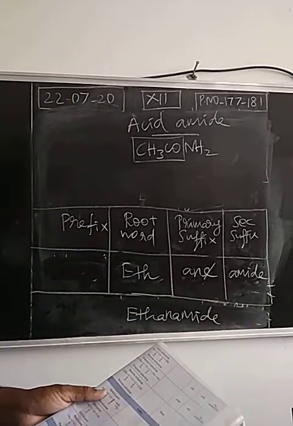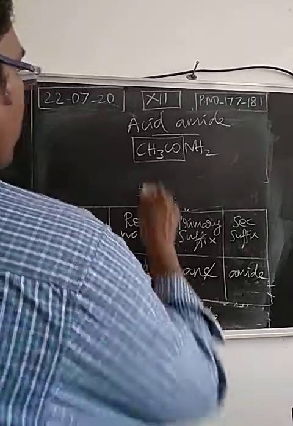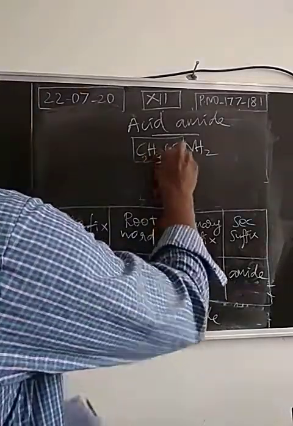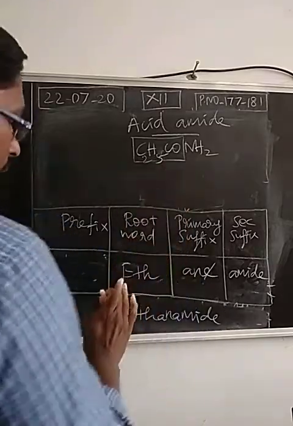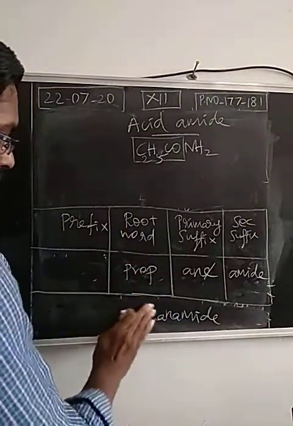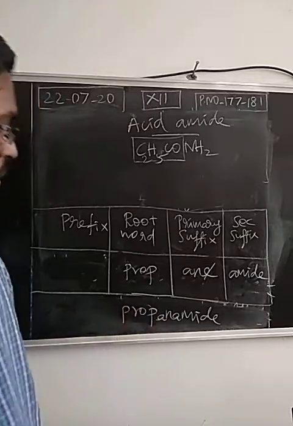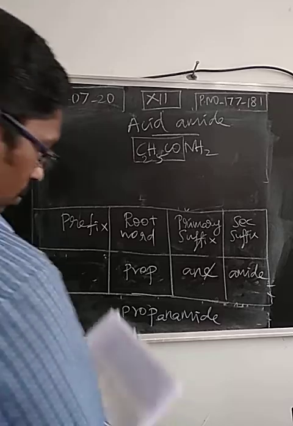So first member ethanamide. Second member: totally 3 carbon atoms, root word prop. So this will be propanamide. Okay.